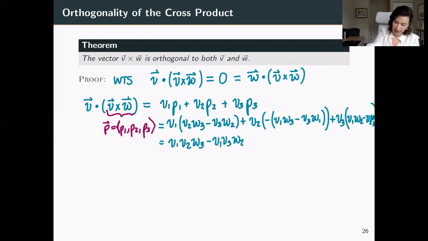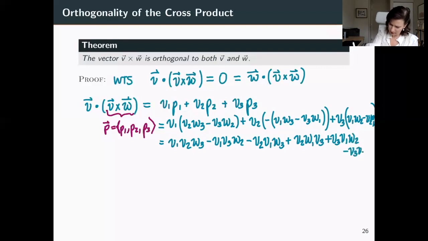Then we get a negative v2 v1 w3 plus v2 w1 v3 plus lastly v3 v1 w2 minus v3 v2 w3. A little bit of a mouthful, but not too bad.